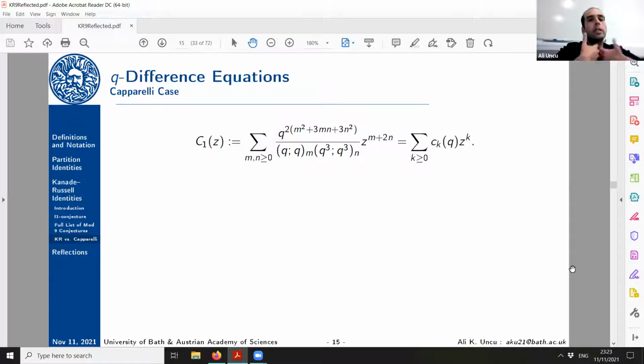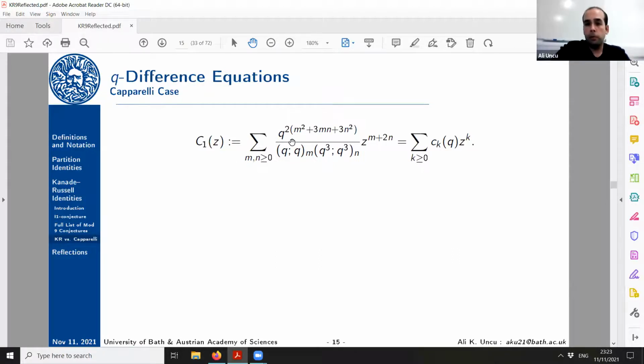They tried to guess a q-difference equation, some relation that a more general version of the generating function would satisfy, and then try to get to the product from that. So I will work on the Capparelli case just to compare it with the Kanade-Russell conjectures, and the Capparelli case will time and time again show that it's much nicer in this situation.